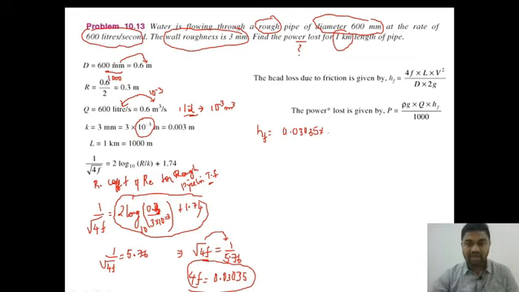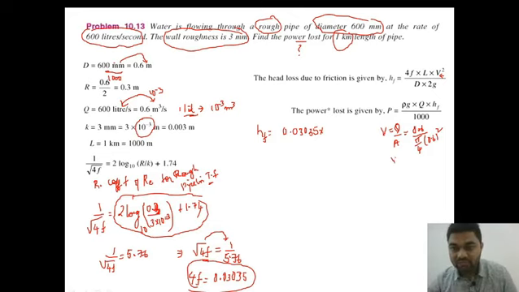In this formula, to substitute the value of V, first of all let us find out the value of V, which is nothing but average velocity. We get average velocity by the formula V is equal to Q by A, where Q is 0.6 meter cube per second, divided by area, pi by 4 into 0.6 whole square.